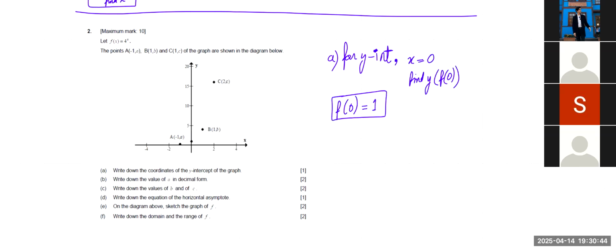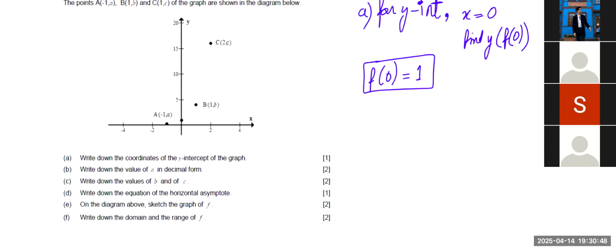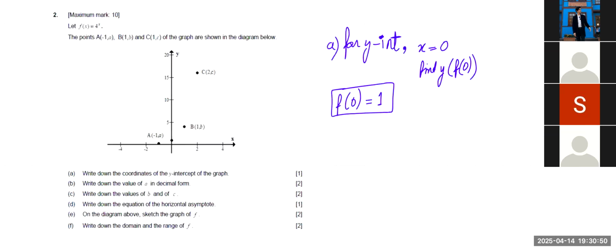Now, write down a in decimal form. It says that a is a point with the x value of -1 and y value of a. How can I find the value of a? Sophia, what do you think? If I tell you that the x value is -1 and I want you to find the y value, which is written as a for now, how do I find that value?